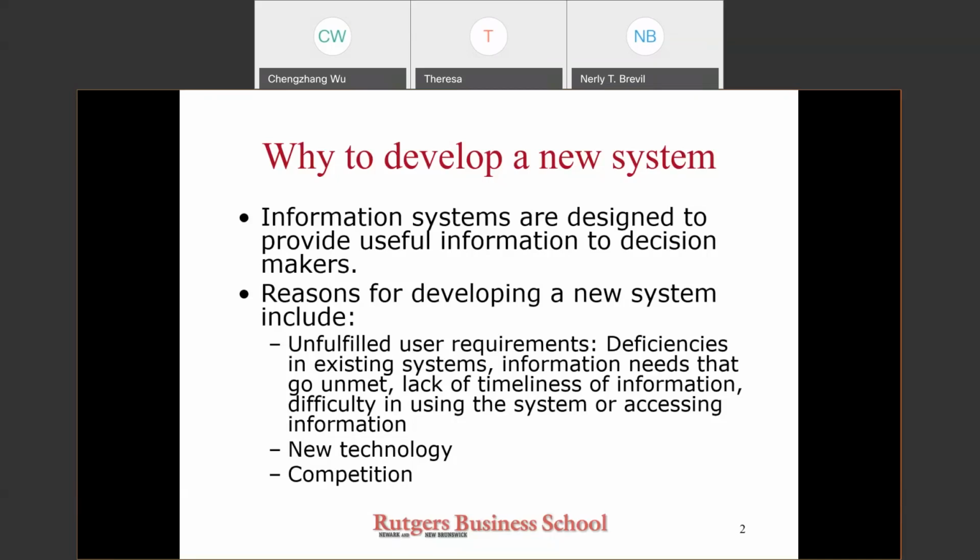For example, information systems professionals may recommend new systems or system modifications to take advantage of new technologies. Many companies have information systems professionals who are responsible for monitoring developments in information technology to take advantage of new technologies as soon as they mature.